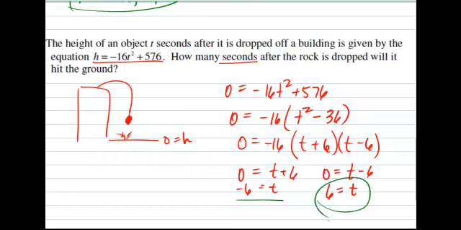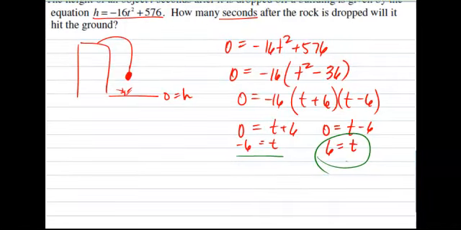So what I found in this equation is that after 6 seconds, the ball hits the ground. So how many seconds after the rock is dropped will it hit the ground? 6 seconds, because the answer t equals negative 6 doesn't make sense in the context of our equation.